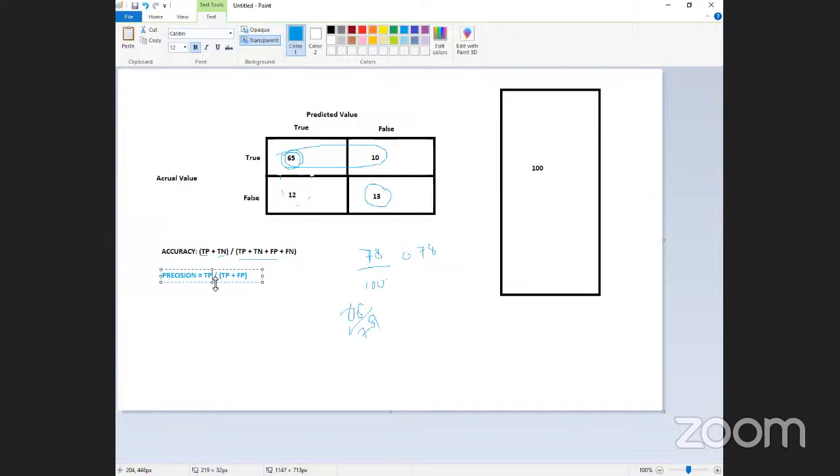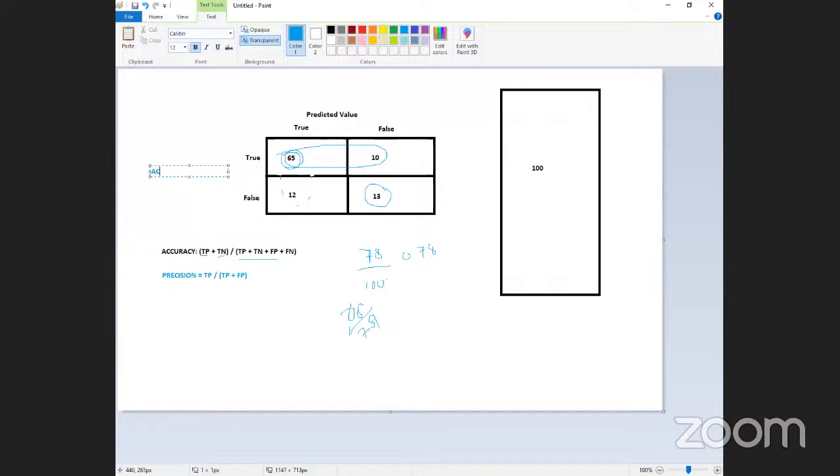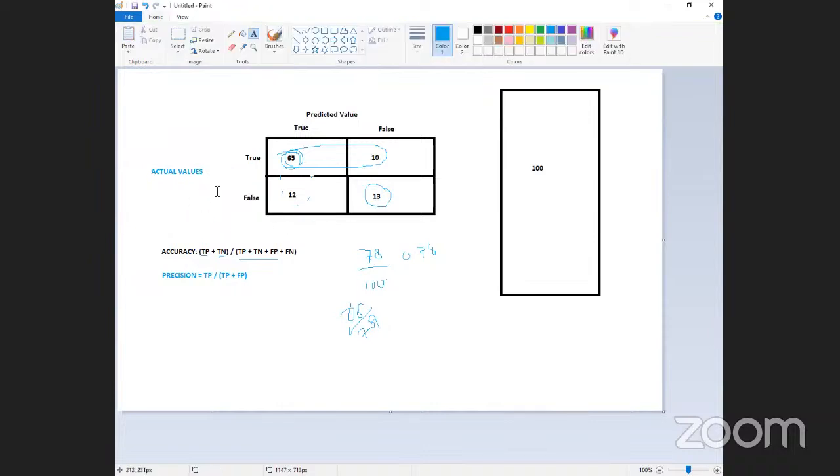So in a data set we have actual values, and in the predicted value, how much accuracy. Precision is this one. Okay.